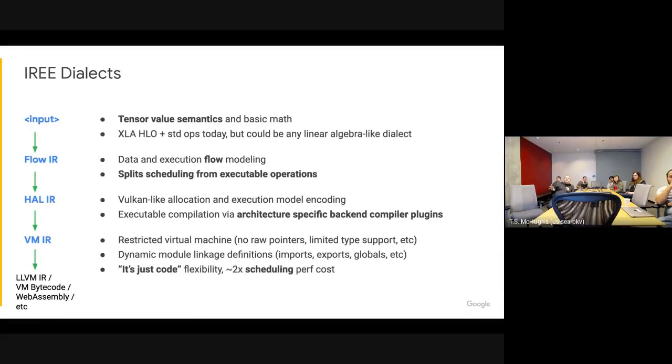Once we've done this work to model what is the scheduling related code from the code we actually want to execute, we lower to our hardware abstraction layer dialect, which is pretty much one-to-one with our C++ HAL implementation intentionally.